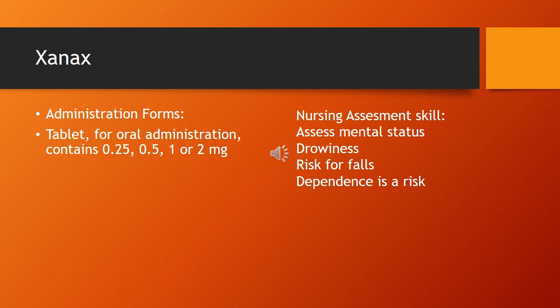There is a risk for falls, and dependency is also a risk. Again, we should assess for any anxiety or mental status changes, any headaches or dizziness, and if they do have headaches, it usually goes away after utilizing the medication for a little while.